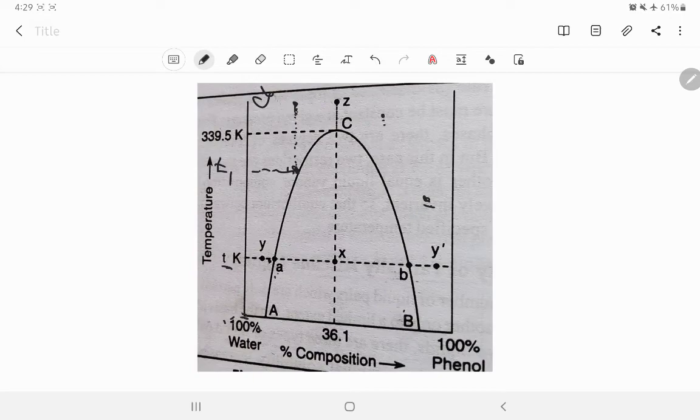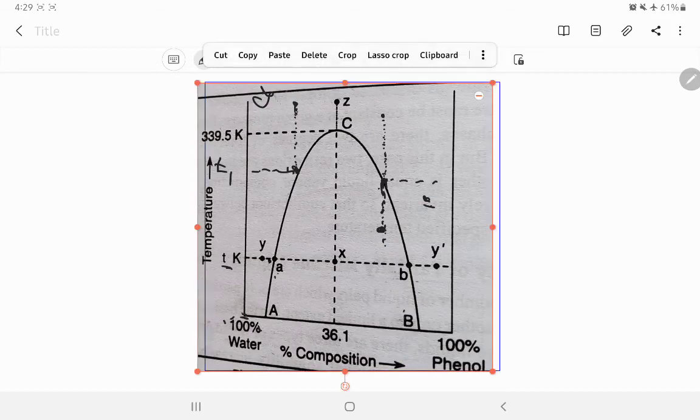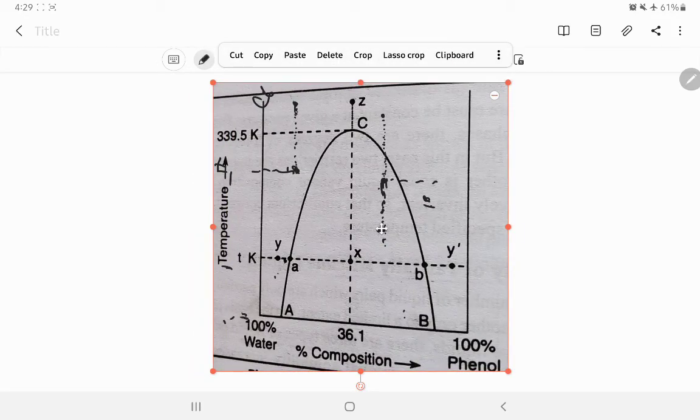On decreasing temperature, just temperature decreases. But at this point, it is the saturated solution. And if we decrease temperature, what happens? Composition goes on changing. What is the composition of this solution?